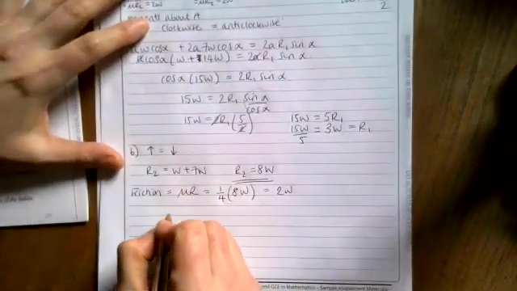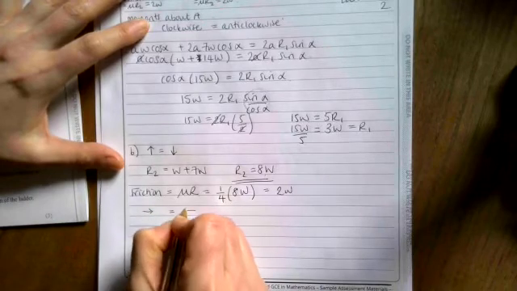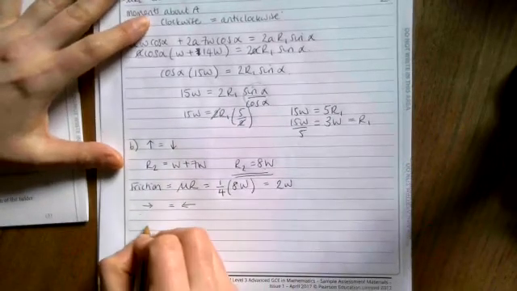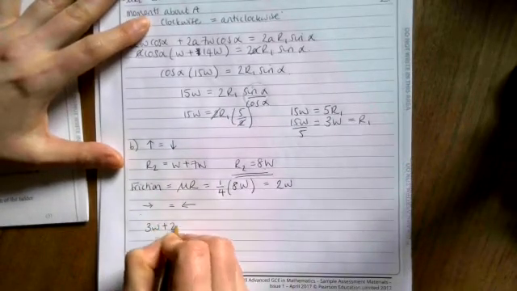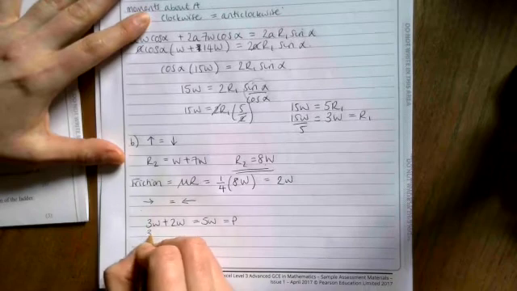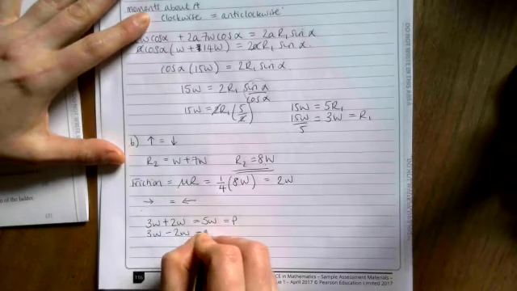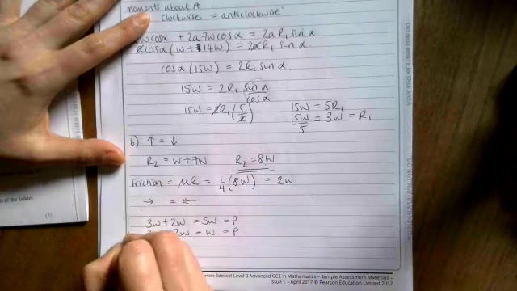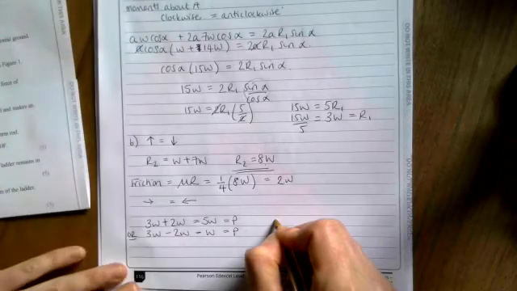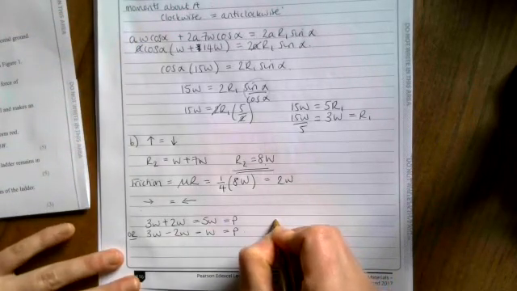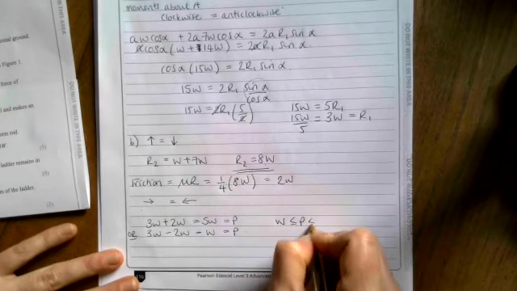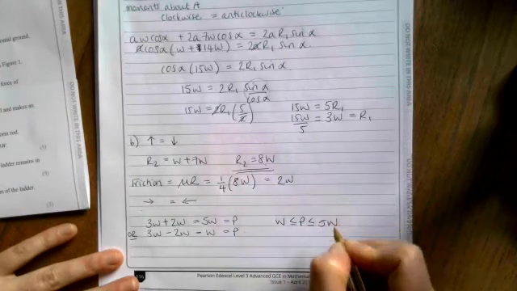So either, I'm just working the horizontal plane there, it's going to be 3W plus 2W, which is 5W, is equal to P. Or it's going to be 3W take away 2W, so W equals P. So the range of possible values for which P could keep it in equilibrium is going to be between W and 5W.